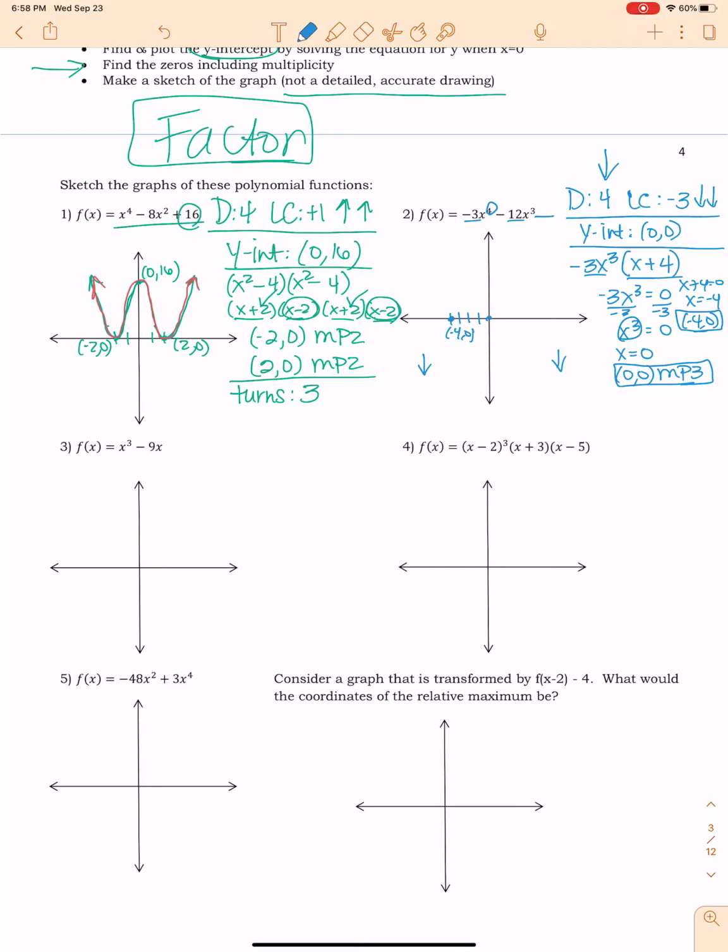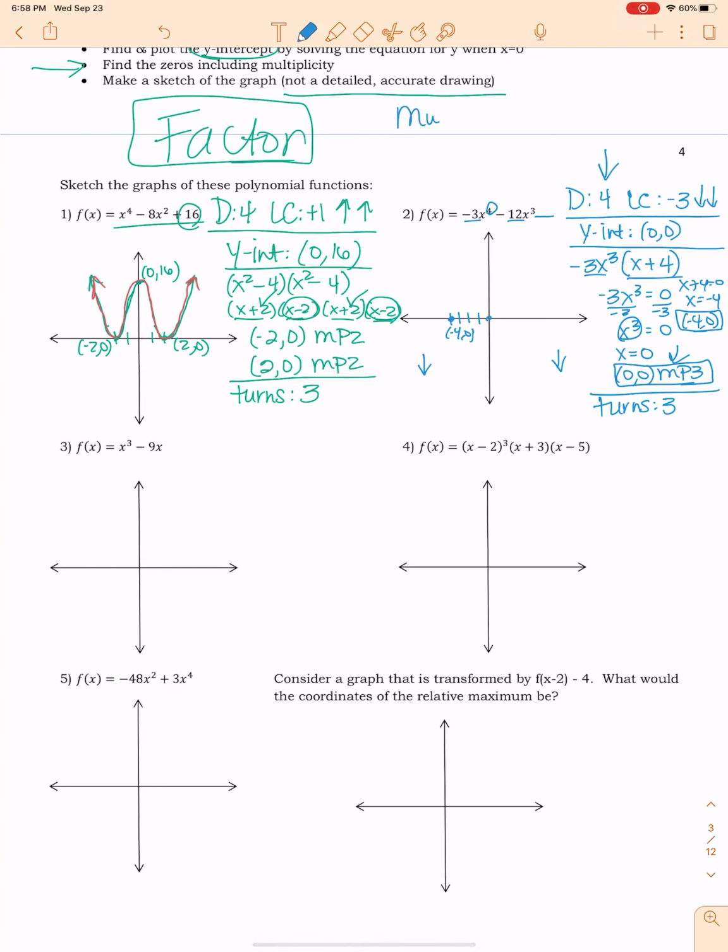All right, so what is my graph going to look like? Let's see how many turns we have. Since it's got a degree of 4, we're going to have 3 turns. Okay, this one is a little trickier than the last one because of this multiplicity of 3 right here. Because here's how multiplicity works.